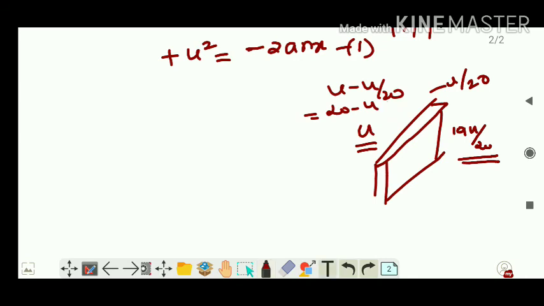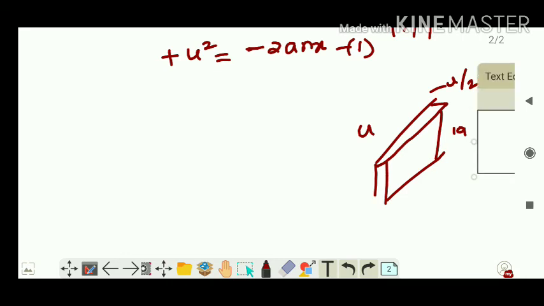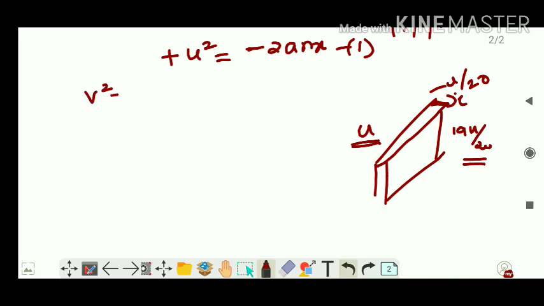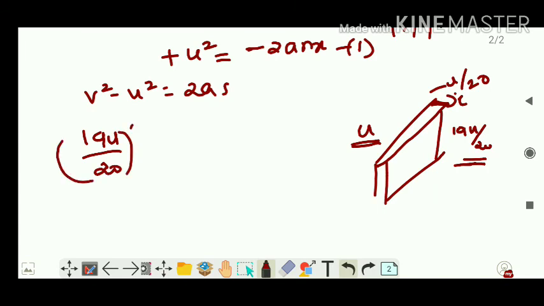I don't think I have to write it. So 19u by 20 is the final velocity with regard to one plank. The initial velocity is u, and the displacement covered by the bullet is x, the thickness of one plank. So in the case of one plank, I can write v squared minus u squared is equal to 2as. v becomes 19u by 20 whole squared minus u squared is equal to 2ax.